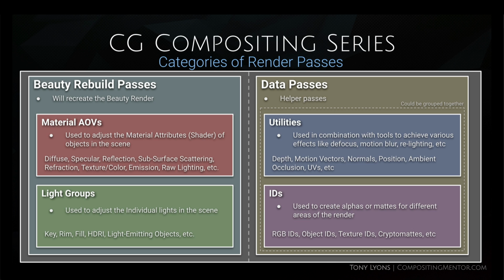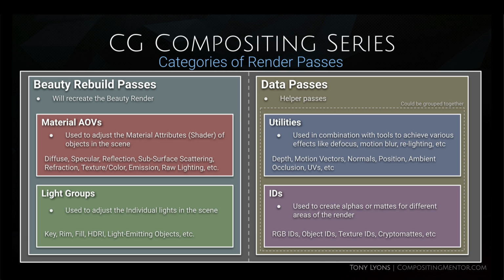Here again is the full table with the four different types of render passes. Once again, it's material AOVs, light groups, utilities, and IDs, separated into bigger categories of beauty rebuild passes and data passes. Moving forward in this CG compositing series, I think what we're going to do is first focus on the beauty rebuild passes section, and we'll go over material AOVs and light groups and how to use them to help rebuild and recreate our beauty render.